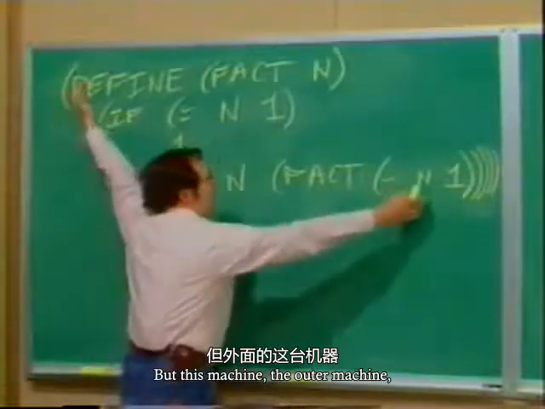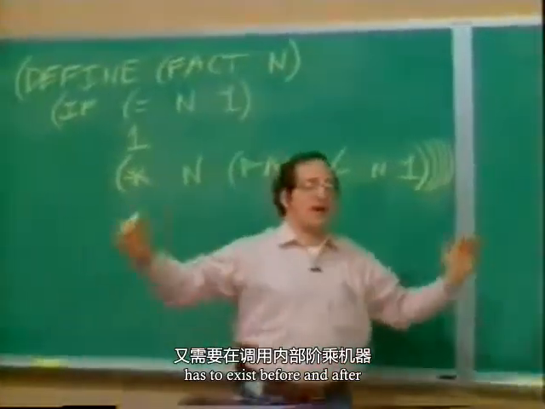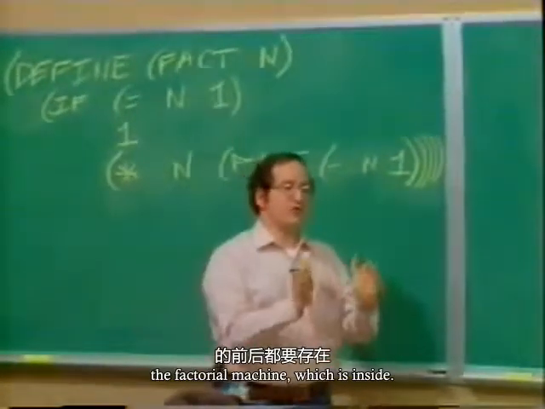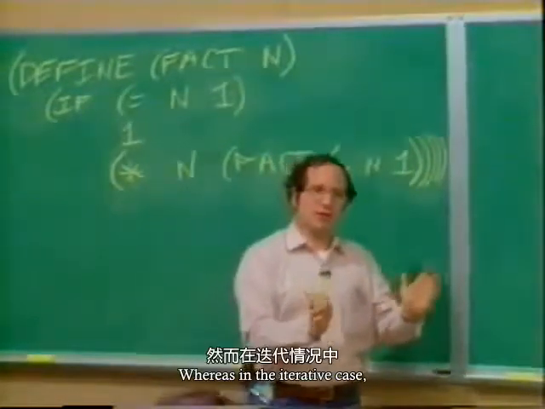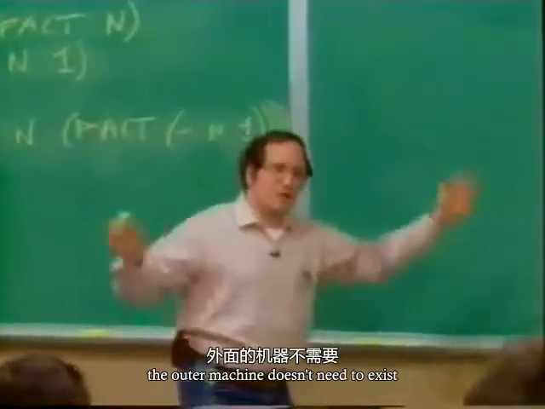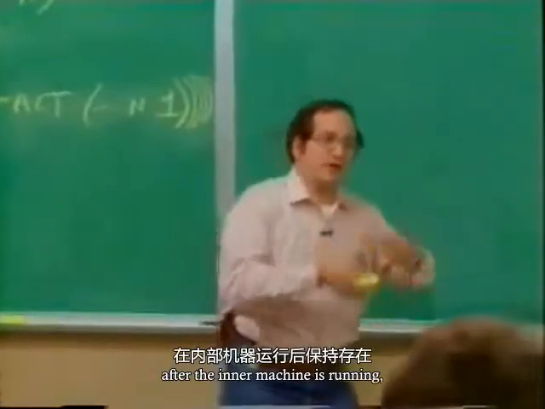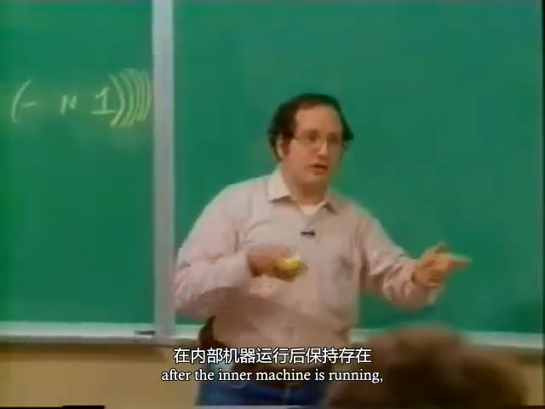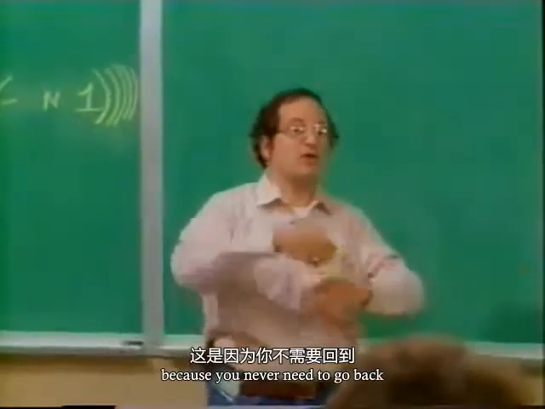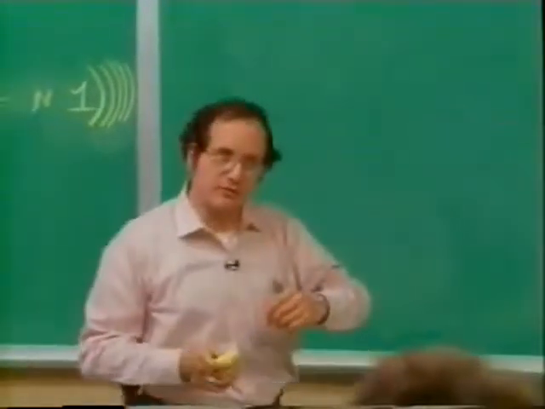But this outer machine has to exist both before and after the factorial machine which is inside. Whereas in the iterative case, the outer machine doesn't need to exist after the inner machine is running, because you never need to go back to the outer machine to do anything.